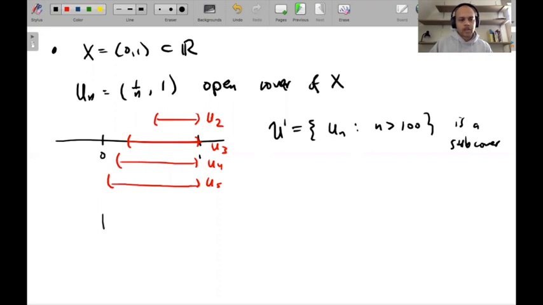If I just started with U_100, that is the set from 1/100 to 1, and then I have 1/101 to 1, and these also cover.